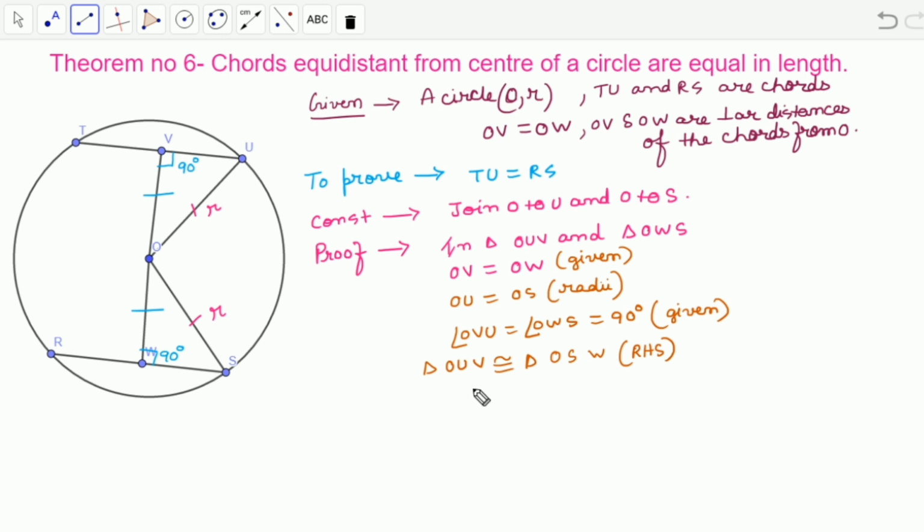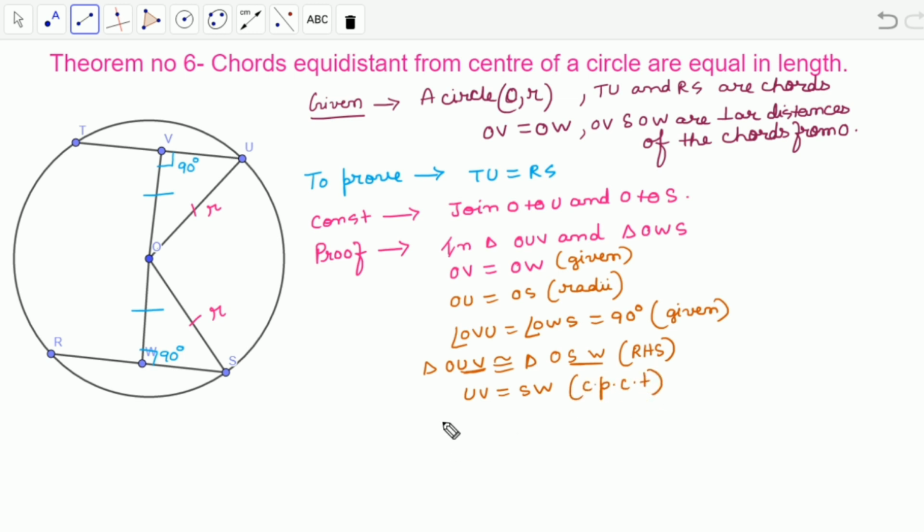Now because of this RHS congruency of the two triangles, can we find something over here? Corresponding sides UV equal to SW. This we have found out. The reason being CPCT.